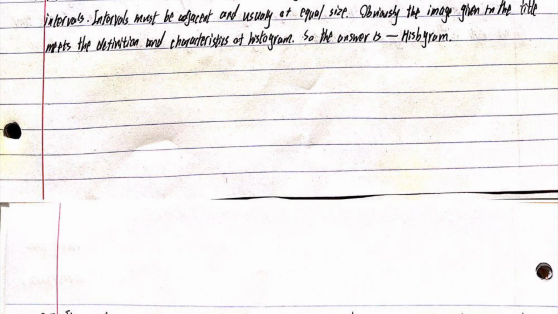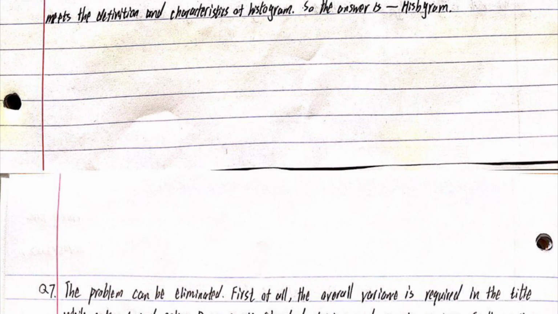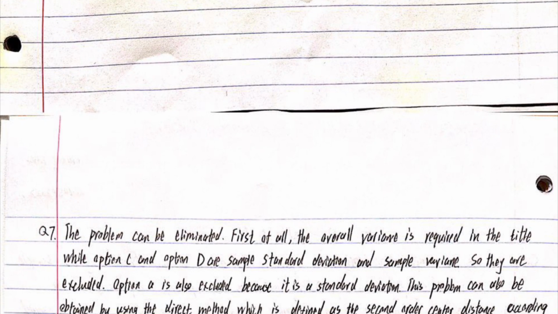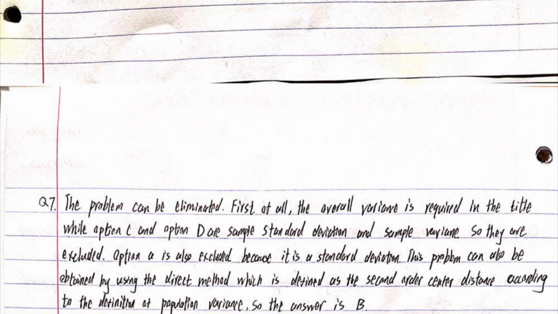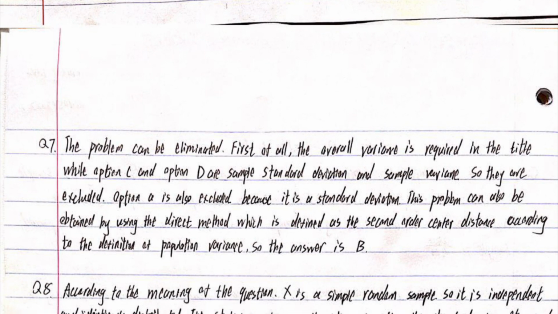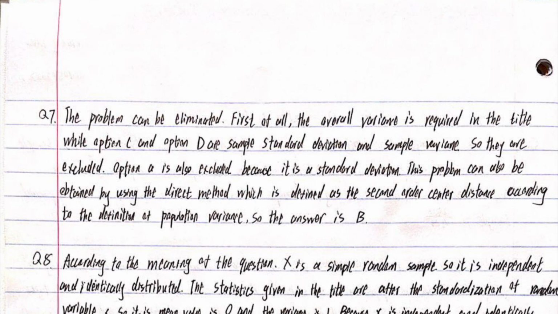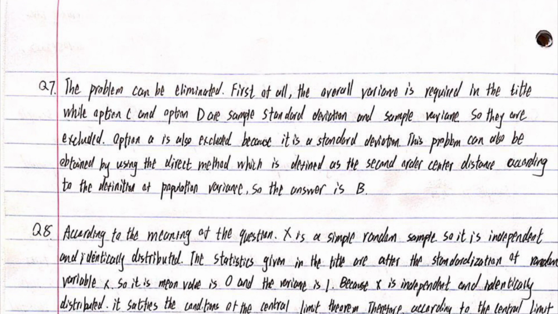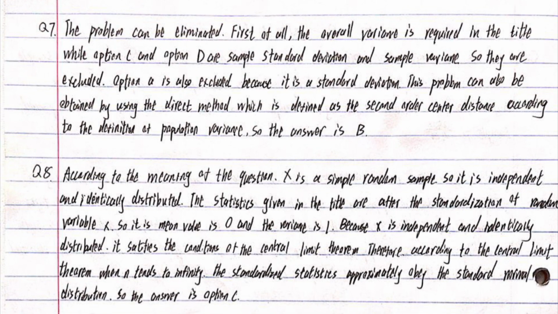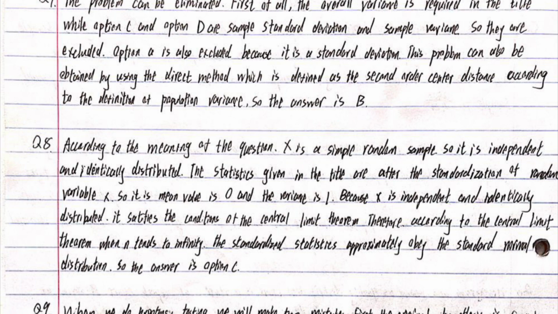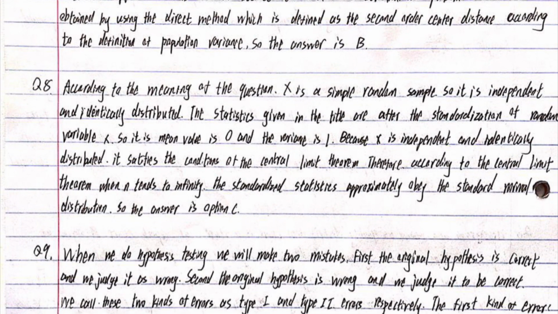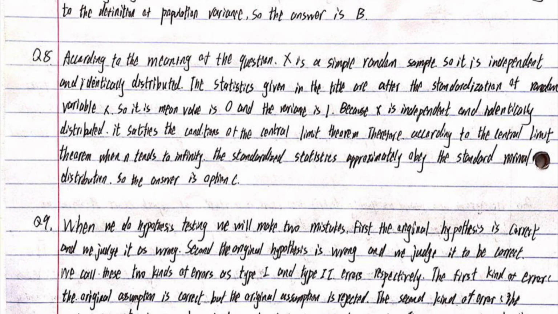Question 11. The analysis is according to the 3 sigma principle of the normal distribution. The numerical distribution is in the interval from mu minus 3 sigma to mu plus 3 sigma, and the probability in this interval is 0.997.